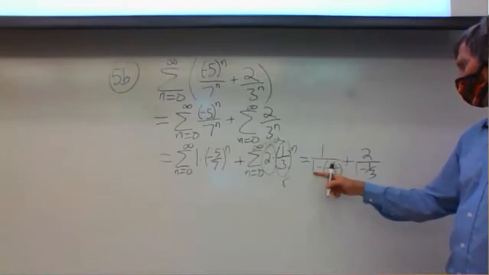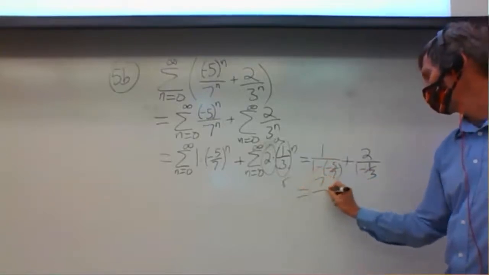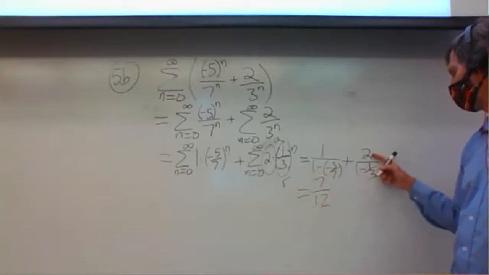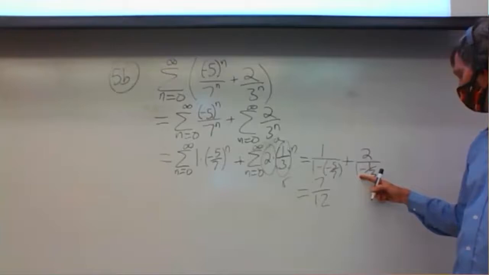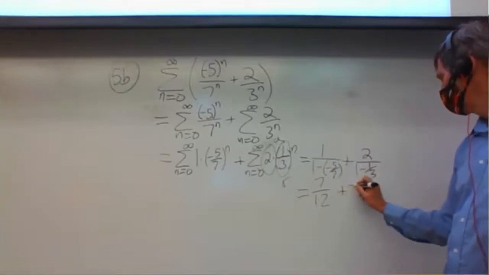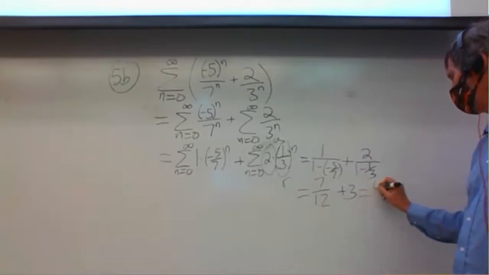So let's see, I get 1 over 12/7 is 7/12. And this one, 2 over 2/3, right, is 3. So I've got apparently 43/12.